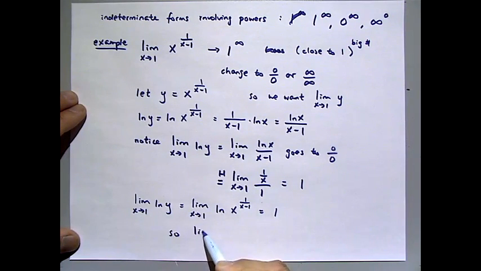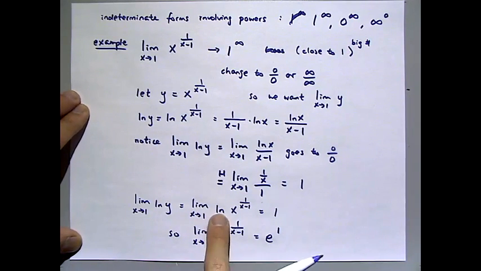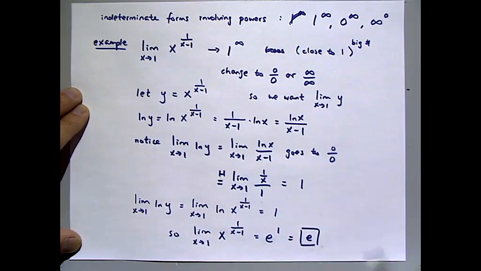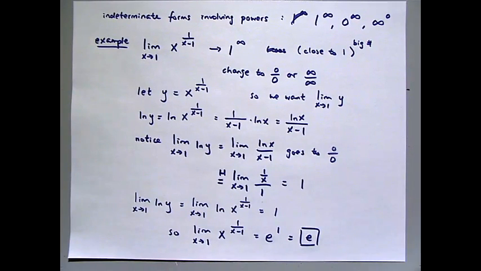So the limit as x goes to 1 of what we really want is e to the first. You use exponentiation to undo natural log. So in the end, we end up getting e as our limit. And so you can look at that as another way we can define the number e.